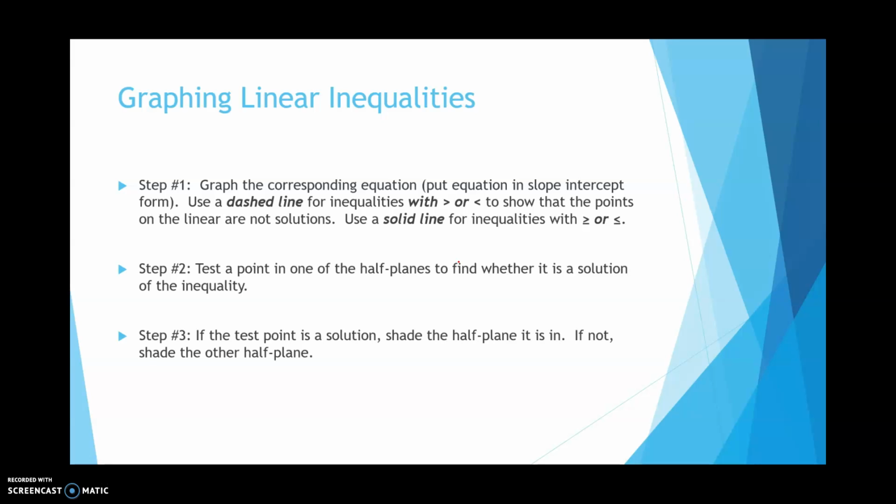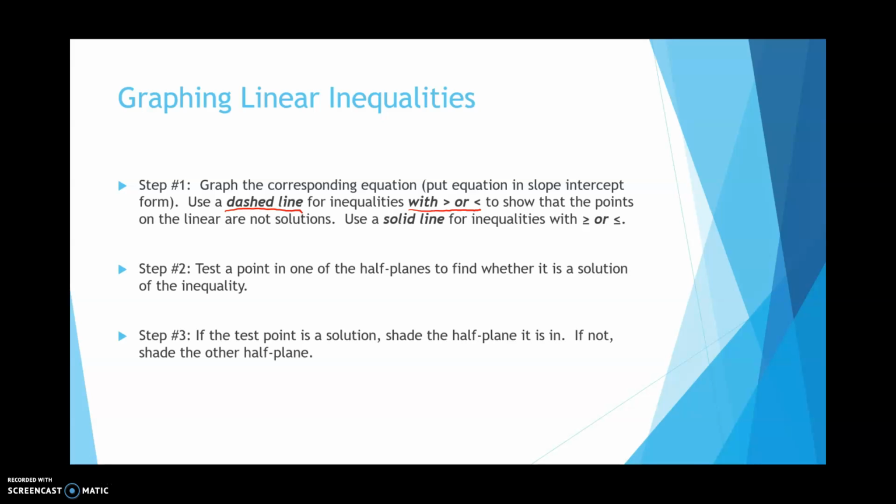So the steps to do this, we are first going to graph the corresponding equation, which means you're going to put the inequality into the slope-intercept form. This is very important. You are going to be using a dashed line for inequalities with the greater than or less than symbol.